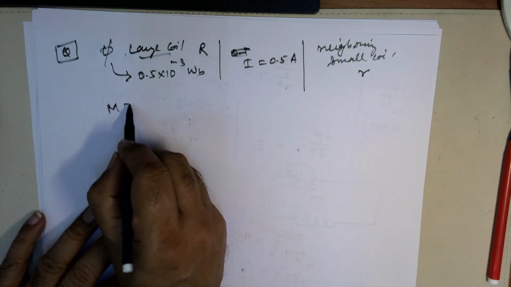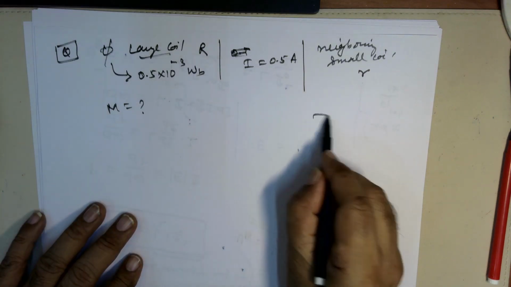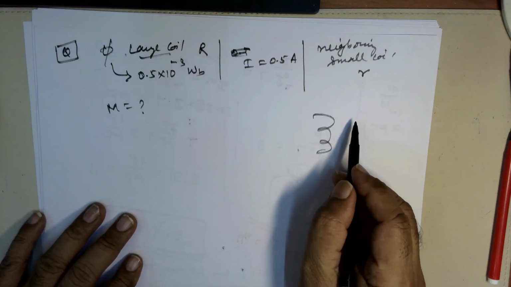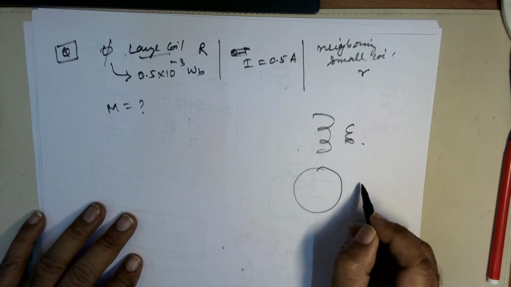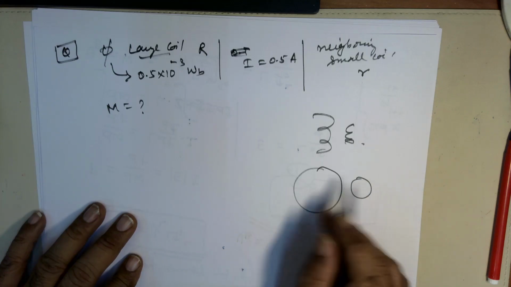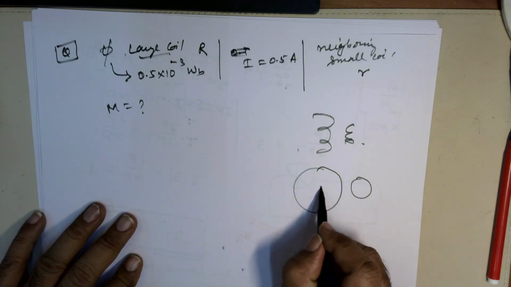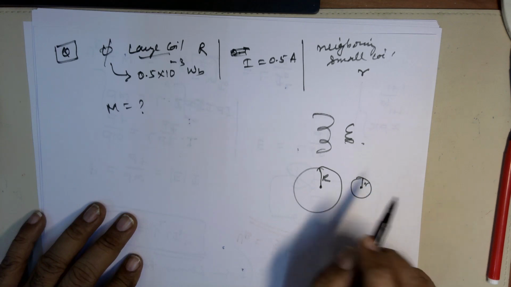That is, M is asked for the given pair of coils. So you have got one coil like this, and you have got another small coil. Let me have only one coil. Nearby, I have got one small coil. So these are the two coils placed nearby. The radius of this one is capital R, and the radius of this one is smaller.